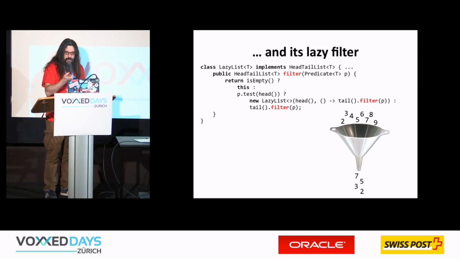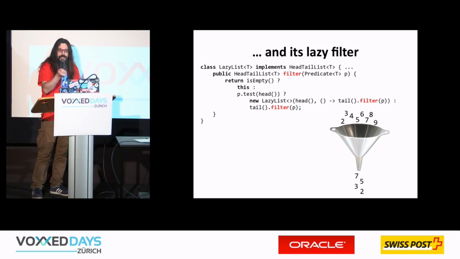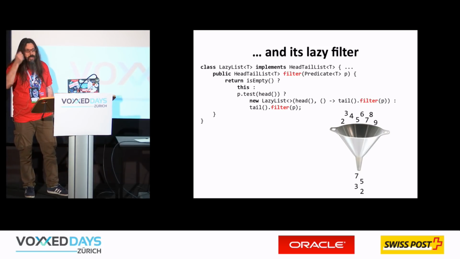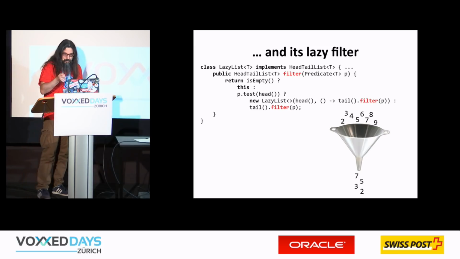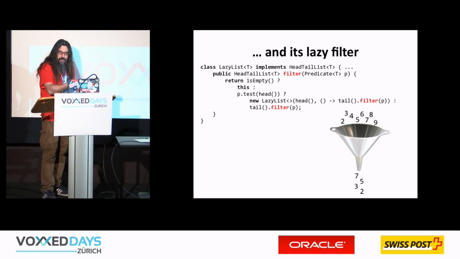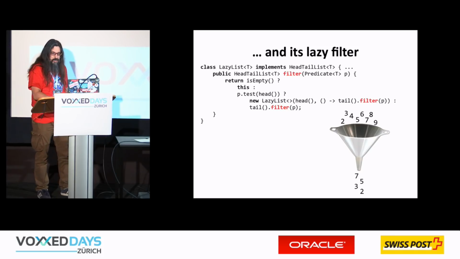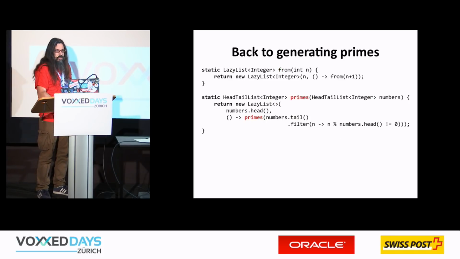Then I test the predicate on the head of the list, and if the predicate is true, I return a lazy list with the head and the filter recursively called on the tail. Otherwise, I directly recursively call filter on the tail. And why can I do this? Because it is lazy, because the tail is just a supplier.